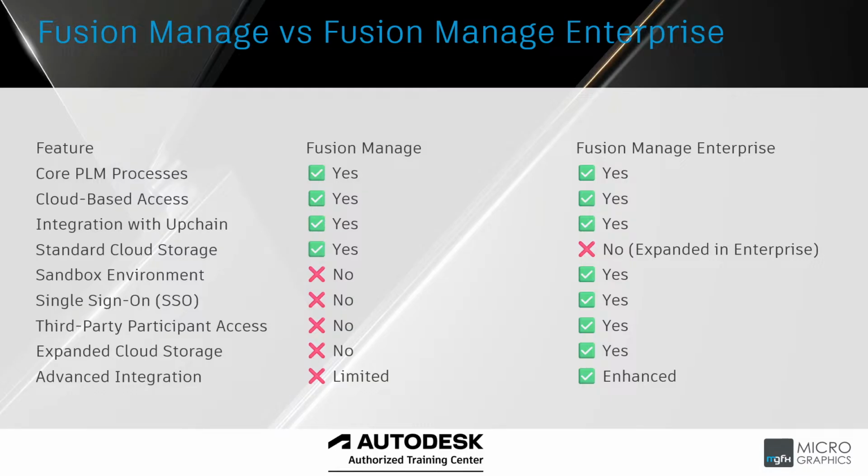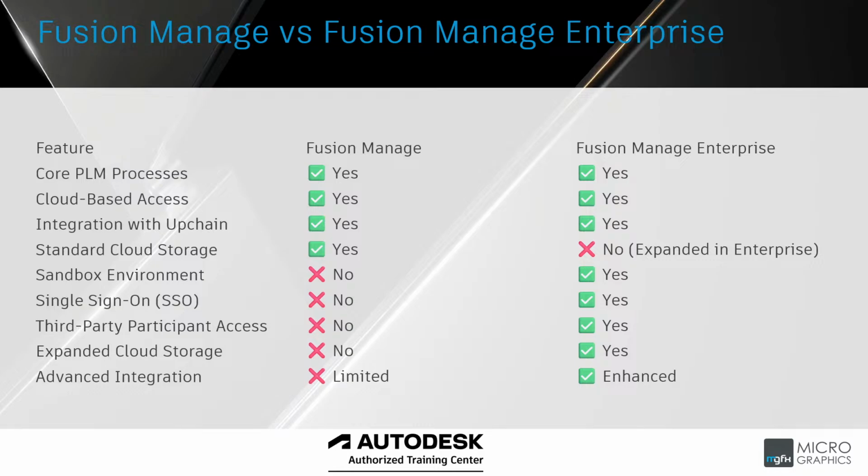When we think about the core PLM systems, this can include new product introduction, requirements management, change management, and bill of materials within your quality management, supply collaboration, and ideas management. Your cloud-based access. This offers centralized access to product data and workflows, facilitating your collaboration across your teams.